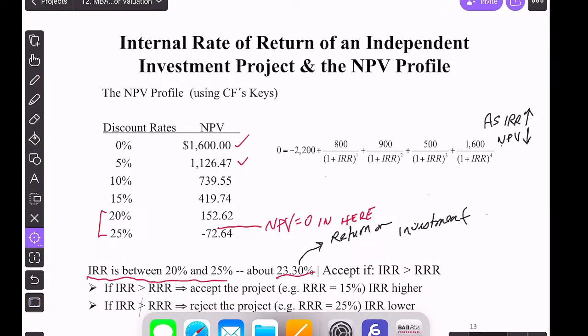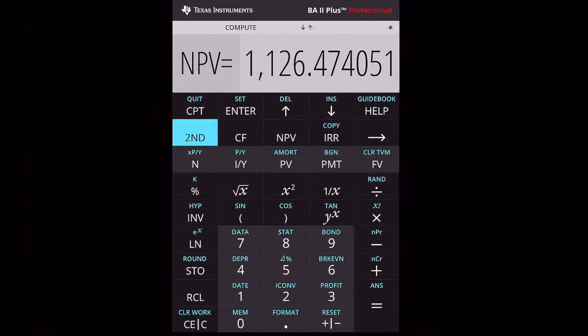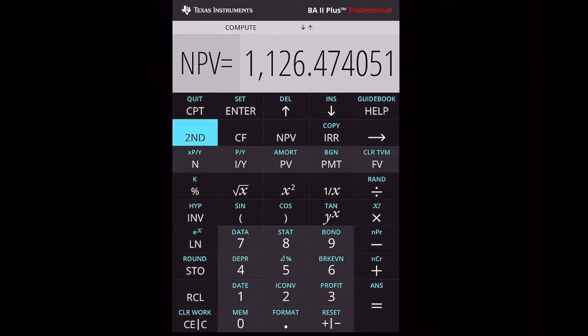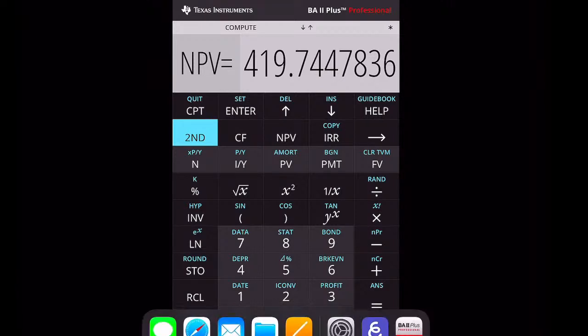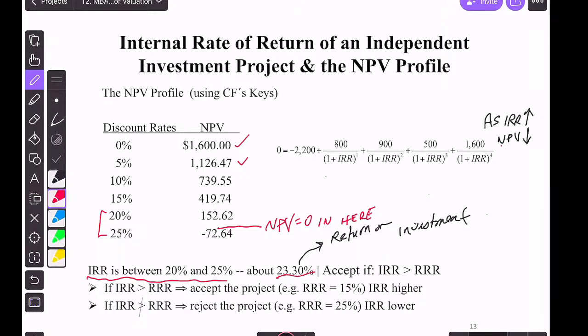We just want to see the threshold to pursue this project. So let's put in 15, enter down, and recompute NPV: 419.74 for 15.